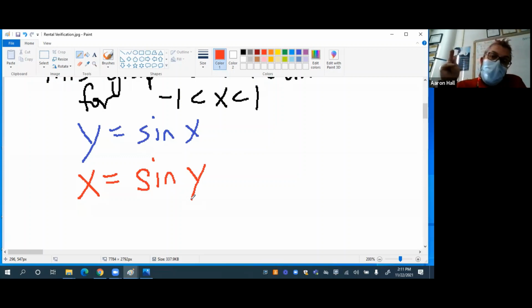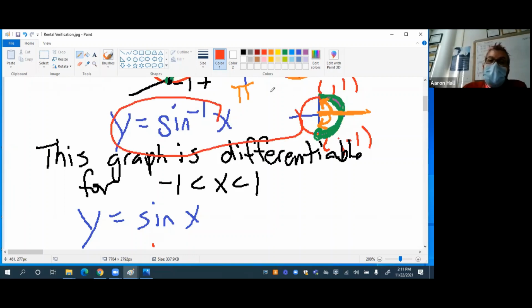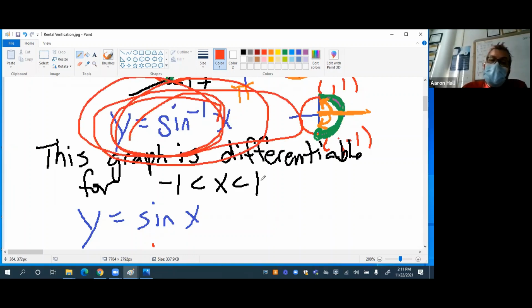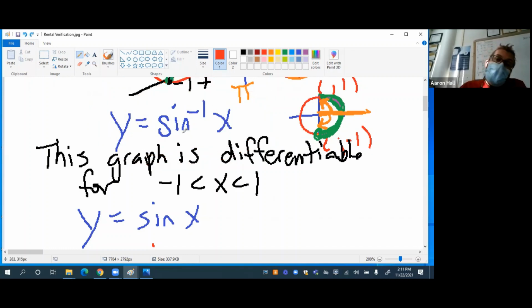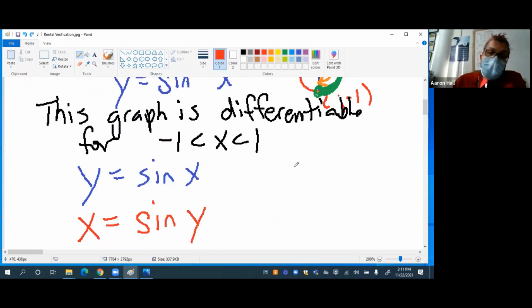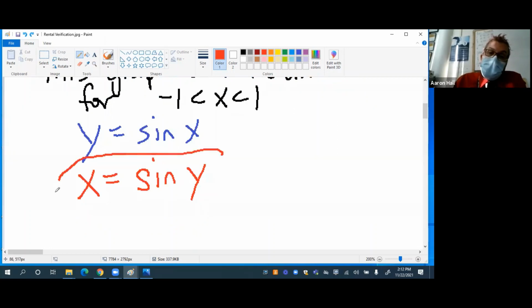After we switch the variables, we solve for y. Well, let's not worry about solving for y right now. That just takes us back to here, and understanding how to find the derivative of this is going to be complicated. So I would like to use what we do know already to show what the derivative of this inverse is.